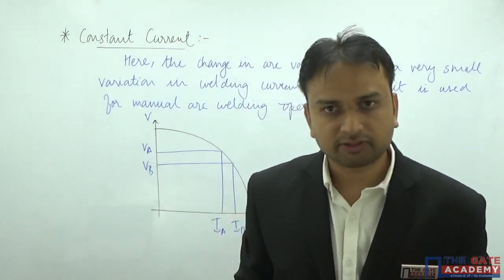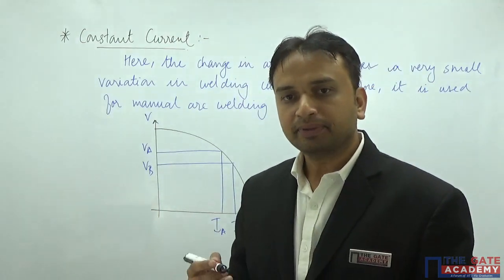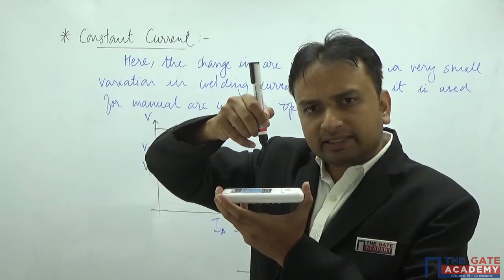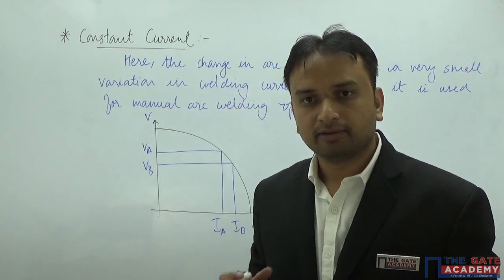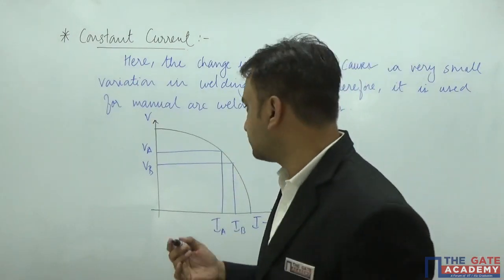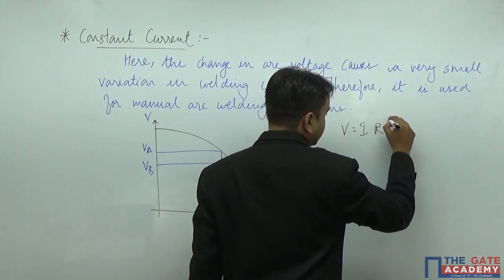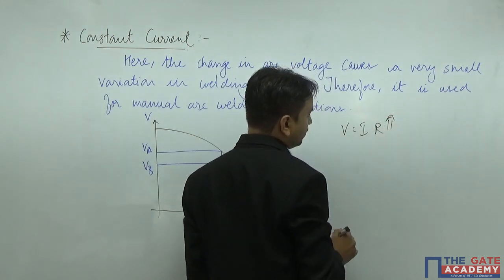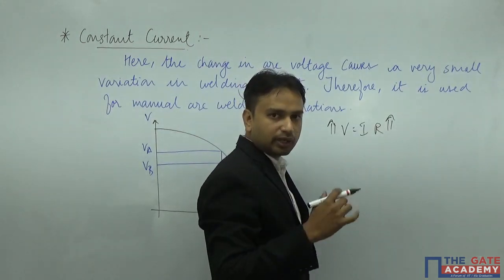So because of which, what happens? As we discussed earlier, whenever the length of the arc increases, according to Ohm's law the resistance increases, and when the resistance increases, the voltage increases across the electrode and the workpiece.